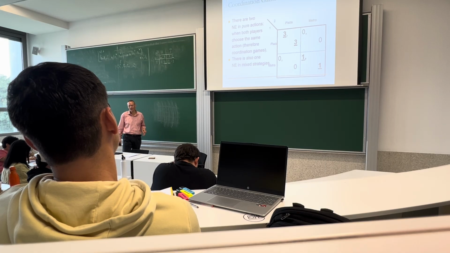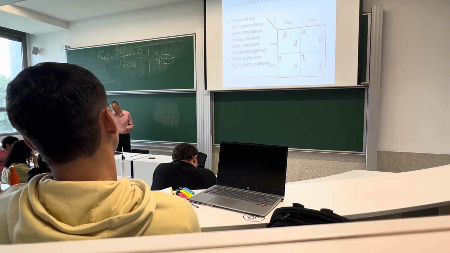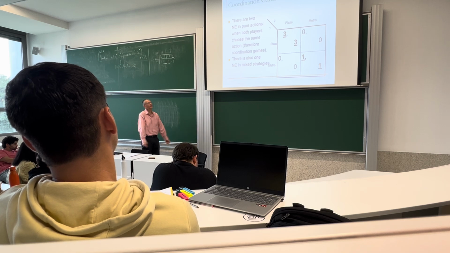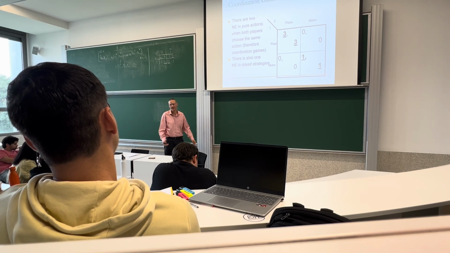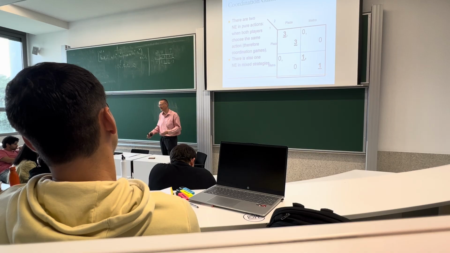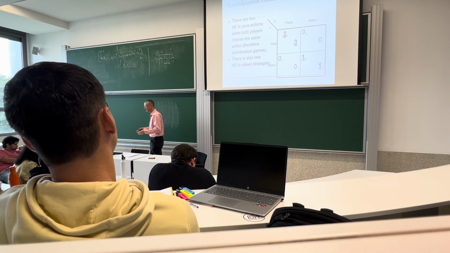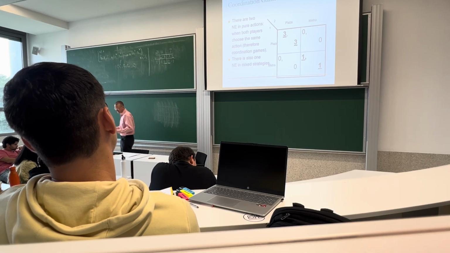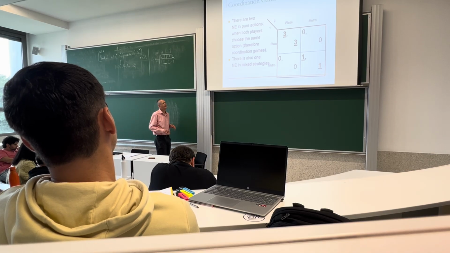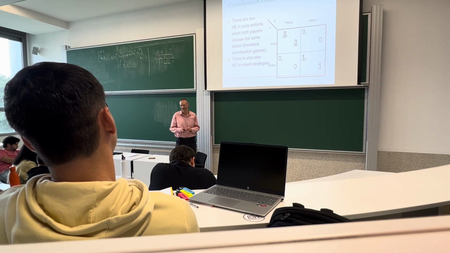What's the Nash equilibrium in mixed strategies? Well, the idea is basically you have to make the other guy indifferent between plaza and metro, so that he can choose anything and he gets the same payoff. And if he also makes you indifferent, then you play plaza or metro, you don't care. With a certain probability, then you have a Nash equilibrium.